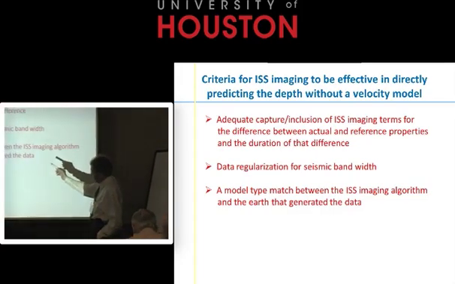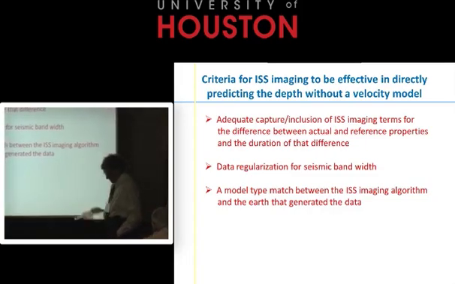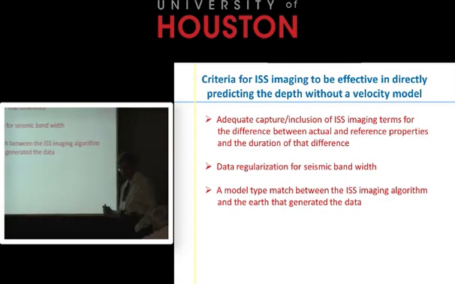And then a model type match between the inverse scattering series imaging algorithm and the Earth that generated the data. That's what Halyan was talking about. Let's say a realistic model for the Earth is elastic, and I assume 2-parameter acoustic. But a good match for the data there is elastic.